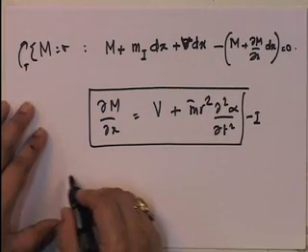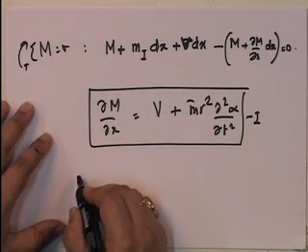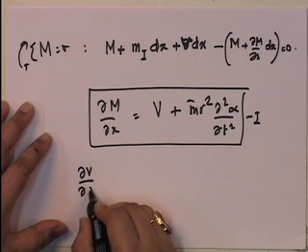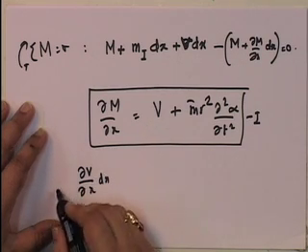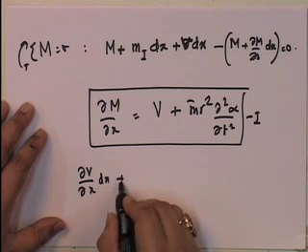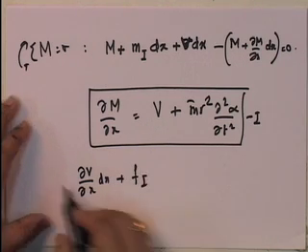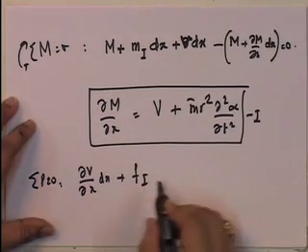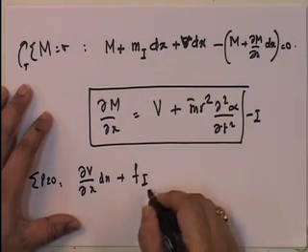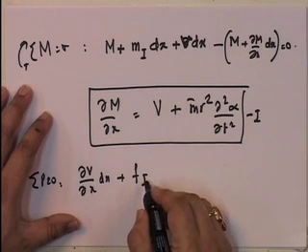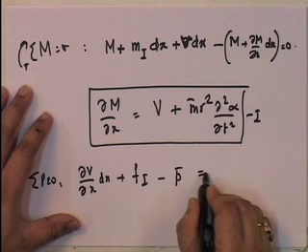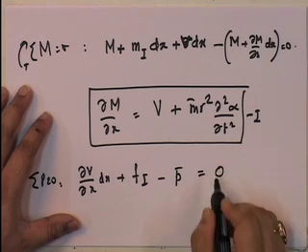Summation of forces is equal to 0, so this is equal to del v by del x plus F I minus p bar is equal to 0.